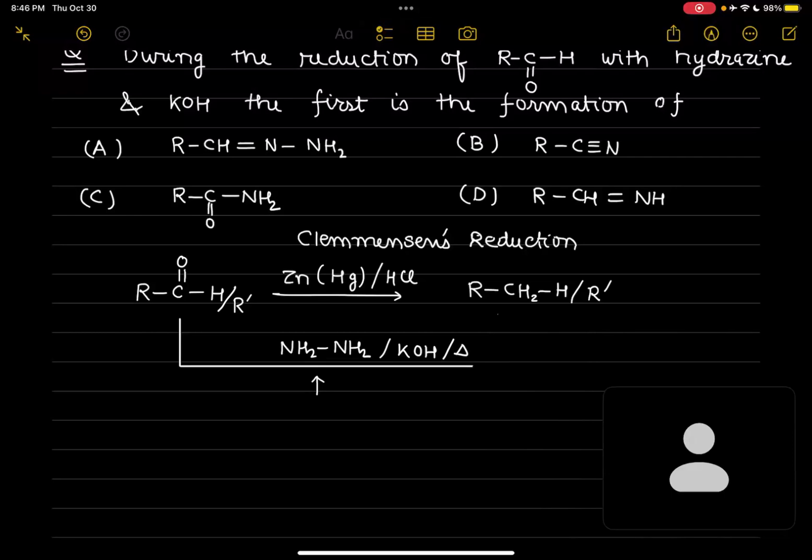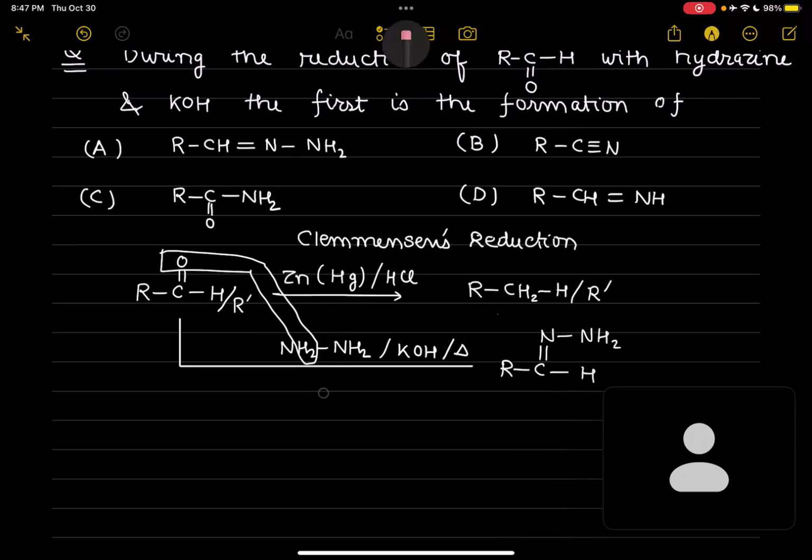And what happens initially is that you remove H2O. Is it clear or not? You remove H2O, so you end up with this compound, hydrazone.